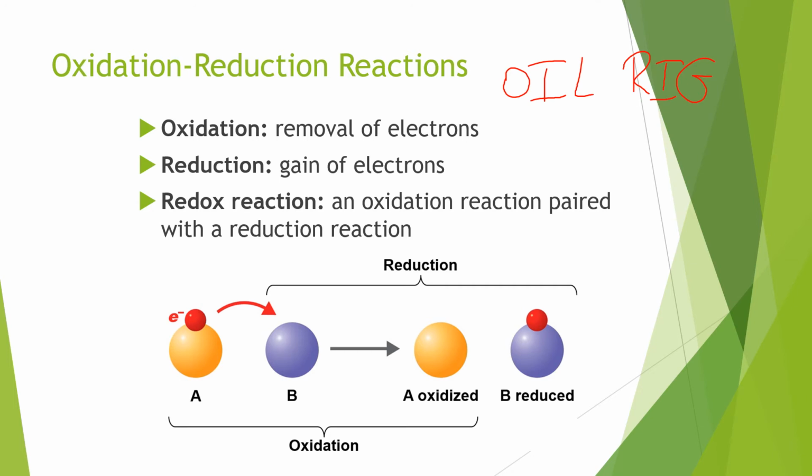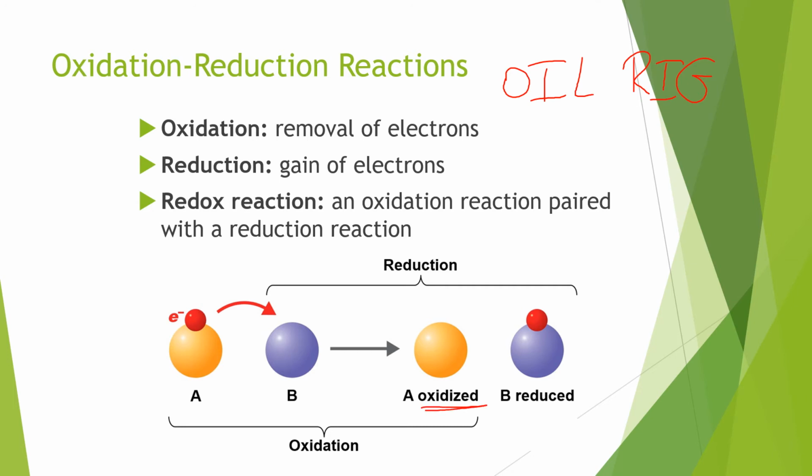So a lot of the reactions that take place within our body, for this reaction to actually go ahead and take place, you usually have a reactant, and this reactant loses some of its electrons, and another reactant gains those electrons. So the reactant that lost its electrons, we say that it's been oxidized.